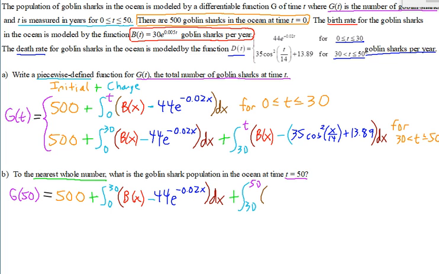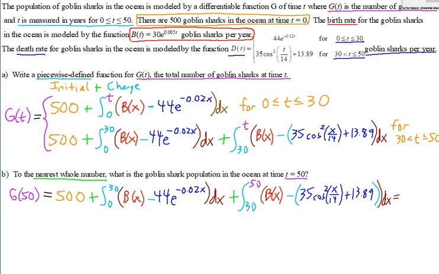And this one is b of x minus, in parentheses here, 35 cosine of x over 14 squared plus 13.89. And then all times dx. Okay. And we use our calculator to figure out what that is.